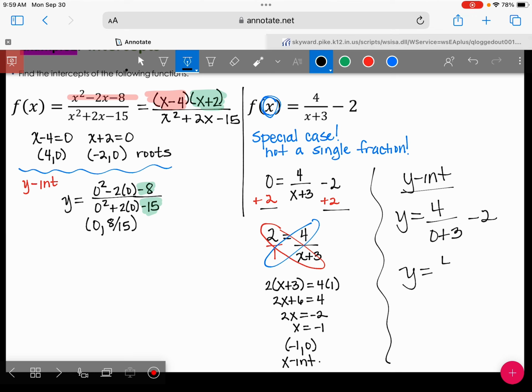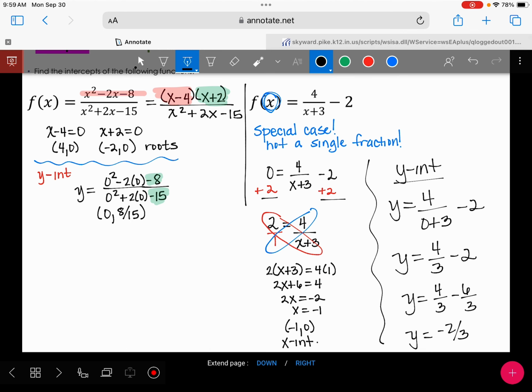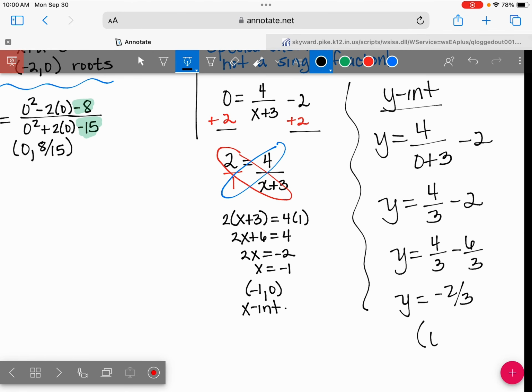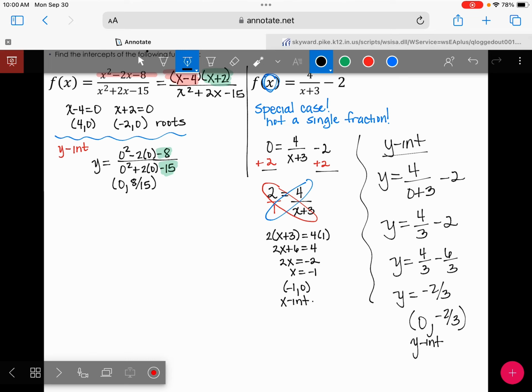So y equals 4/3 minus 2, and I'm going to write this with a common denominator. So y would equal negative 2/3. And whenever you're writing an ordered pair for your y-intercept, it would be (0, -2/3). So that's how you find your x and y intercepts.